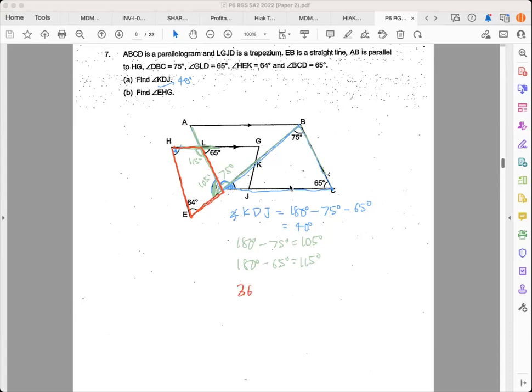So 360 minus the other three angles, 115, 105, and 64. We'll get 76 degrees, which is this angle, EHG. All right, now let's continue with question 8.